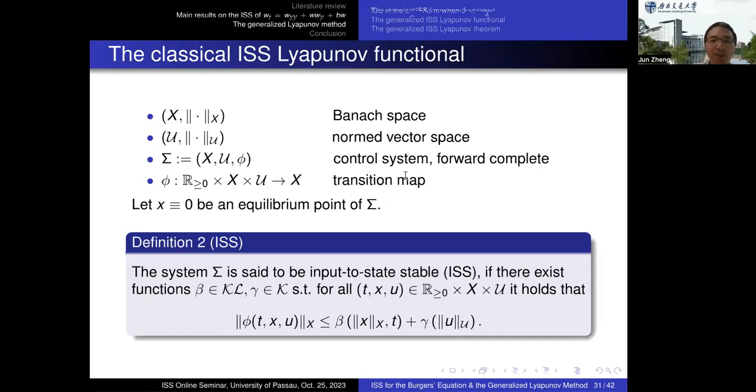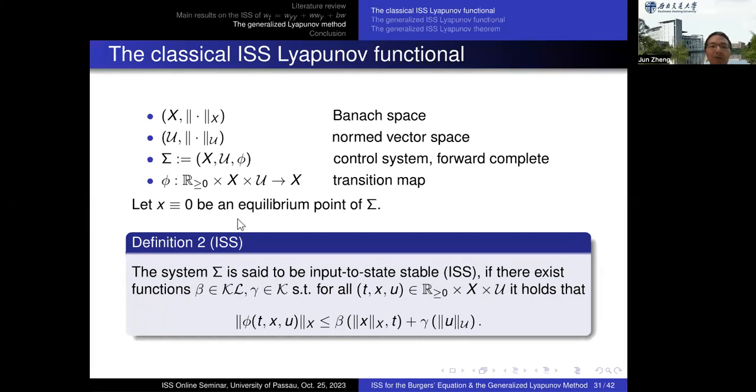But first, let's recall some basic concepts of ISS Lyapunov functionals. First, we denote by X the state space of a control system, and by U the input set, and Sigma is a given control system. For simplicity, we assume that it is forward complete, and phi is a transition map.